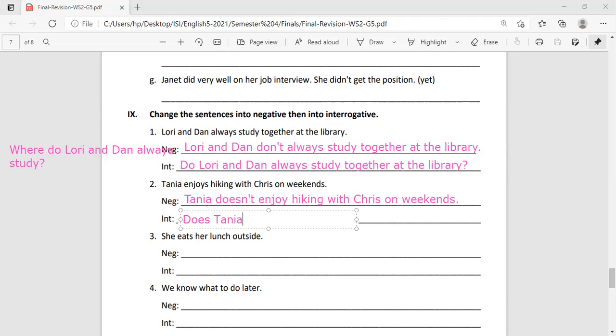Does Tanya enjoy hiking with Chris on weekends? That's it. Is it clear now? But when you have a plural subject like Lori and Dan, you say do Lori and Dan. Is it clear now?